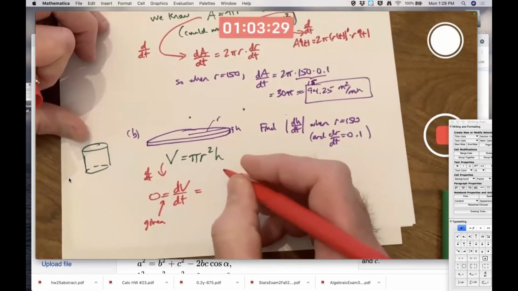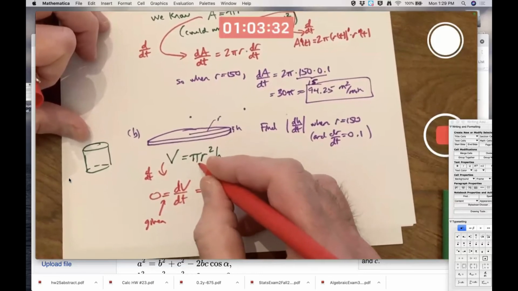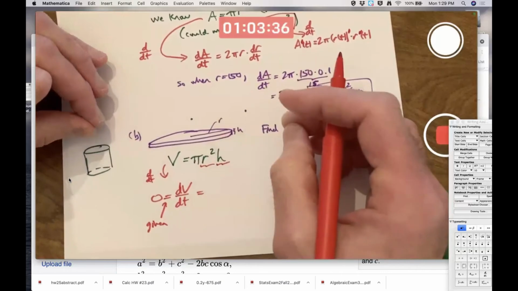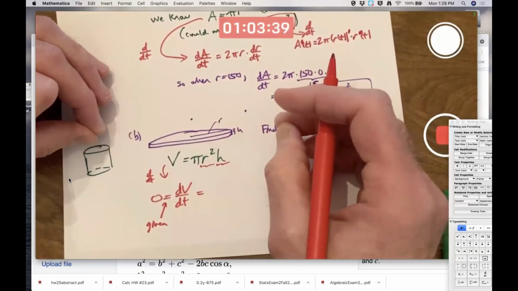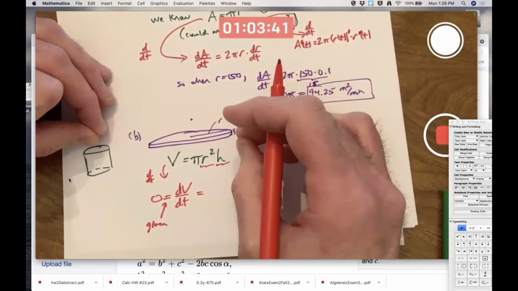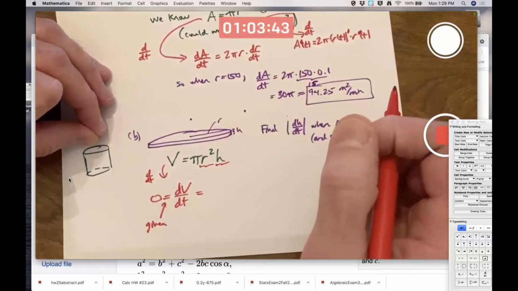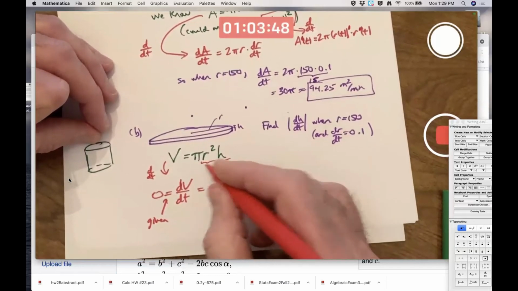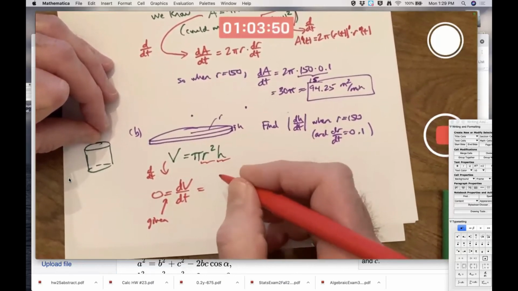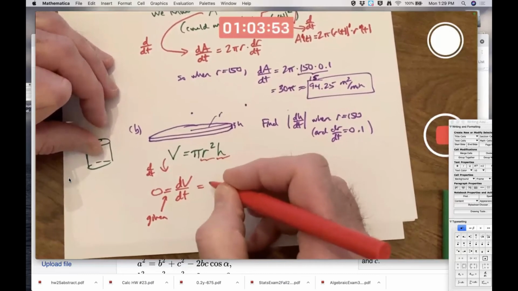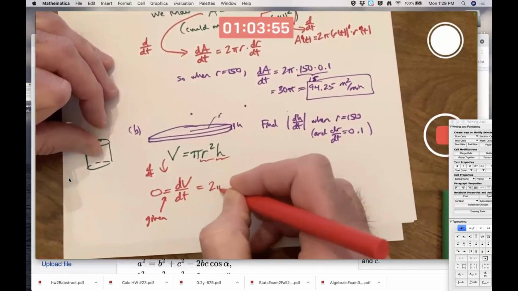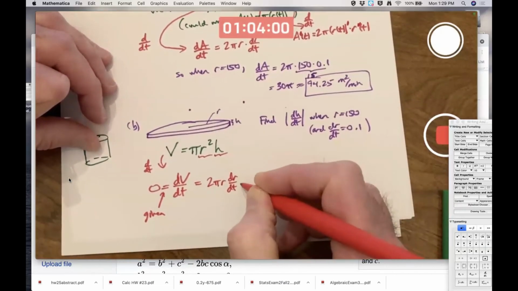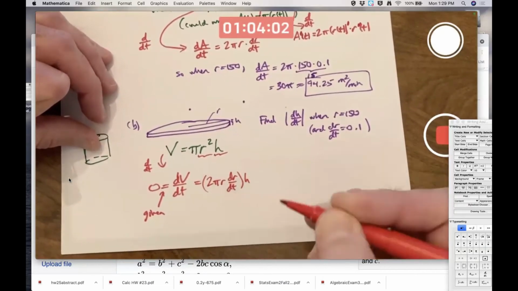What about differentiating the right side? Pi is a constant, but both r and h are not constant. As r increases, as the oil slick gets bigger in radius, h has got to decrease. It's got to get thinner if it's the same amount of oil. They both depend on time, so I need the product rule here. The derivative of the first function, pi r squared, would be 2 pi r dr/dt by the chain rule, times the second function.